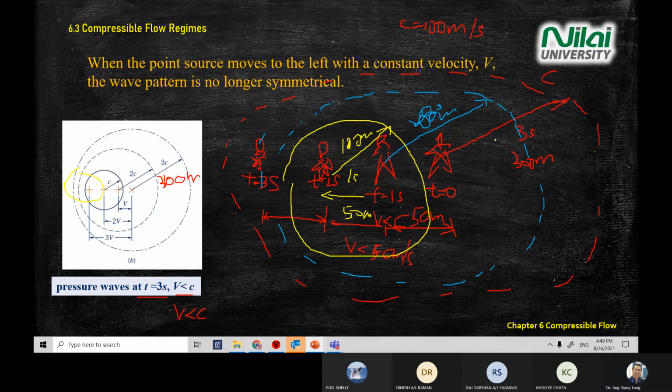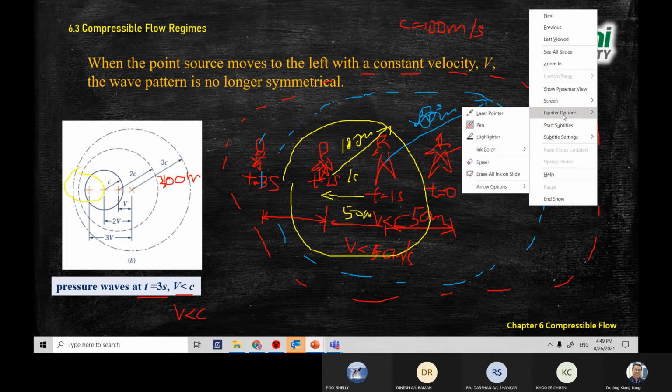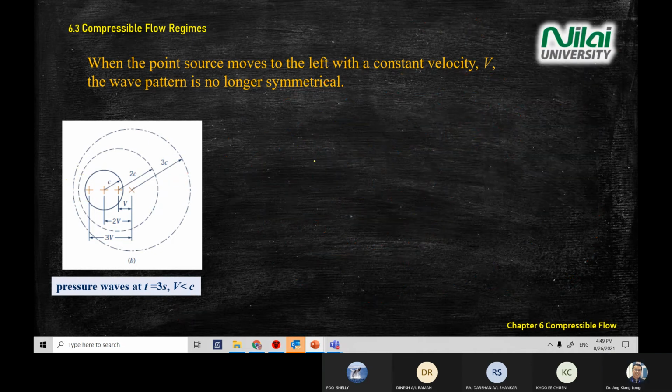Okay. So you will see that the waves are squeezing each other at the left-hand side of the diagram here.